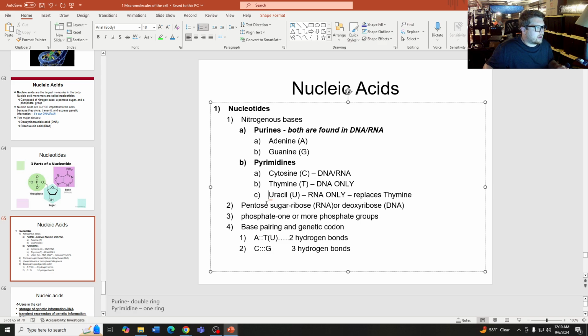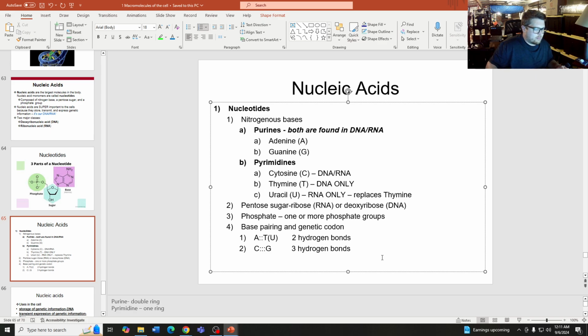We also have a pentose sugar, ribose or deoxyribose, depending on whether we're talking about RNA or DNA. We have at least one or more phosphate groups on the nucleic acid, and they pair together in this specific way.